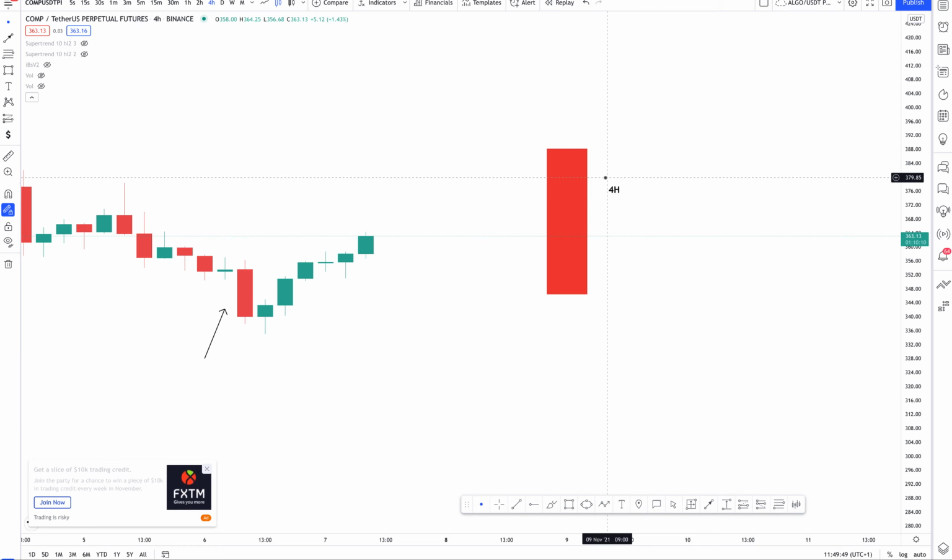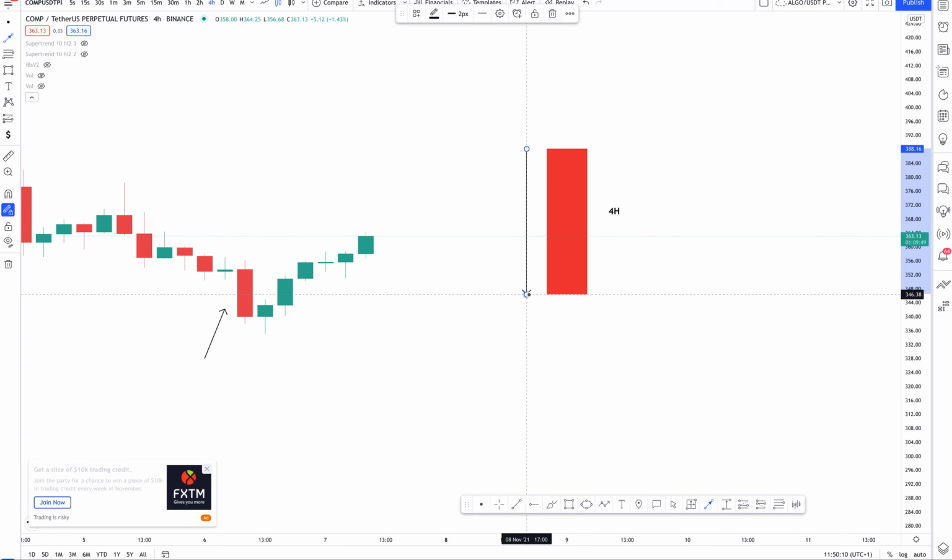Now, in this 4-hour candle, let's say this point to this point represents a 4-hour move.